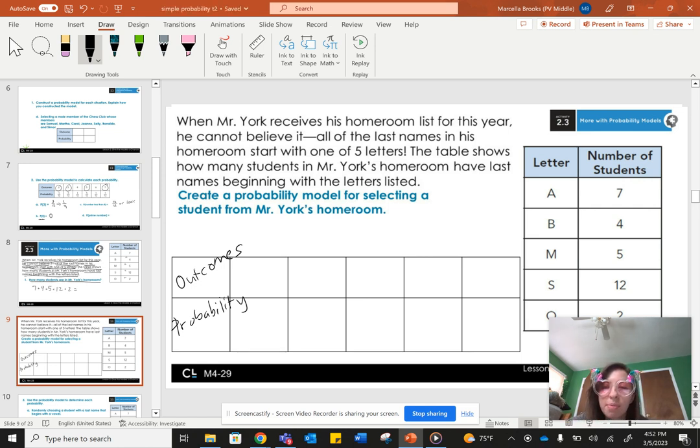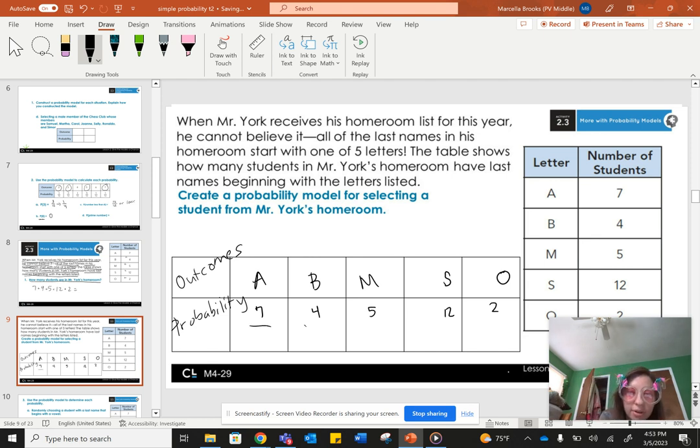Okay, so what are the different outcomes? We have A, B, M, S, and O. So we got 7 A, 4 B, 5 M, 12 S, and 2 O. And then how many total students did we have?